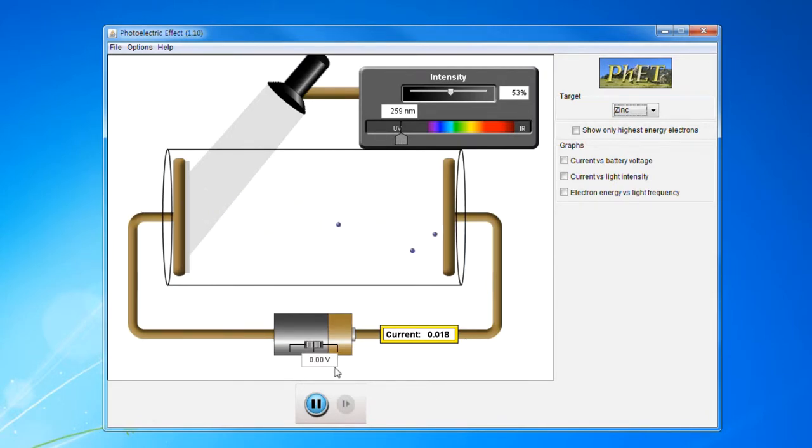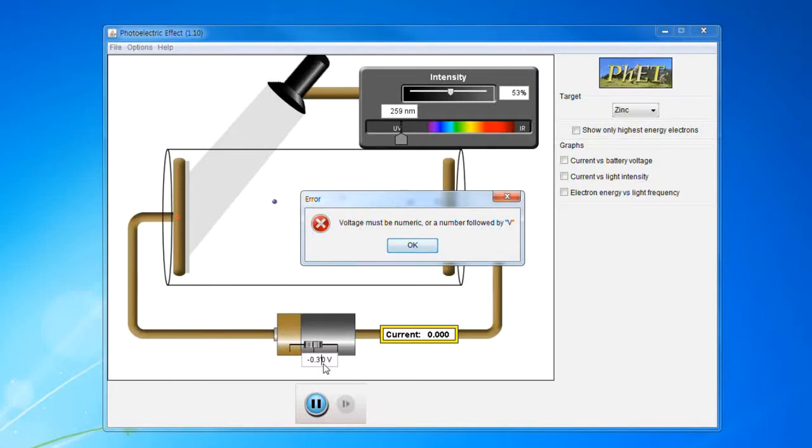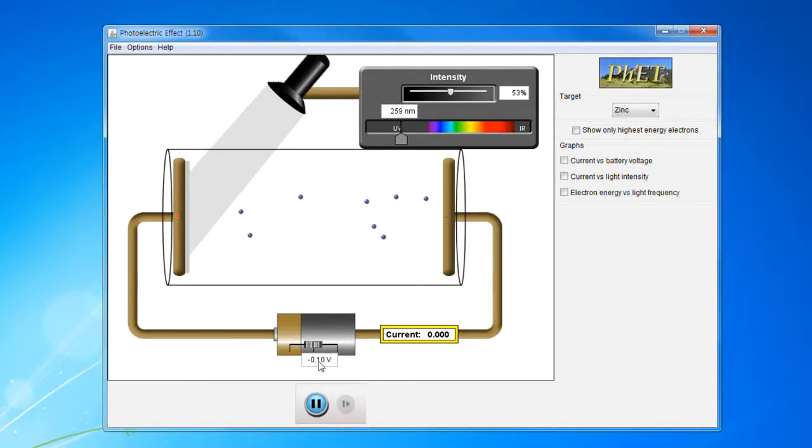And then, again, if you apply a negative potential here, for example, minus 1, then maybe not enough, or you can go up to, oops, I'm sorry, I made a mistyping. Yep, okay.